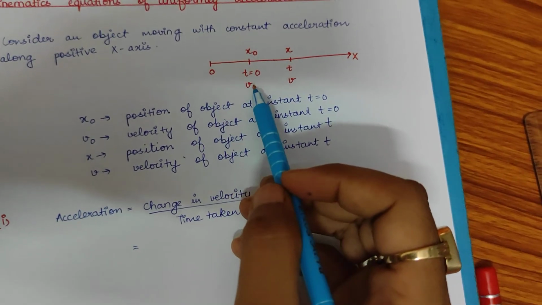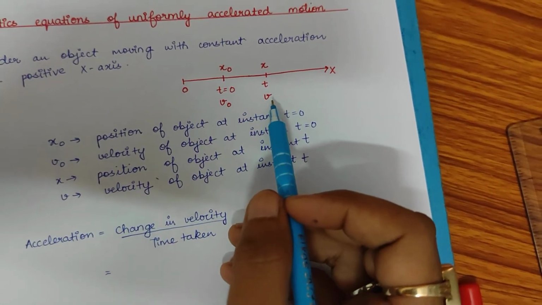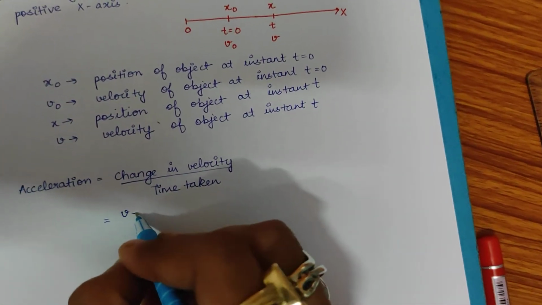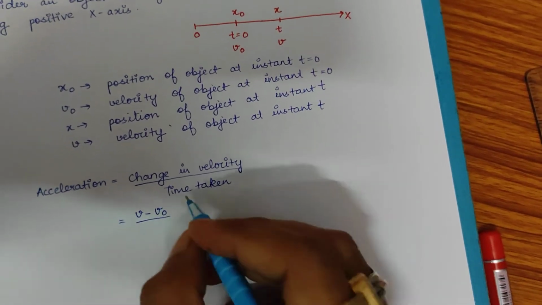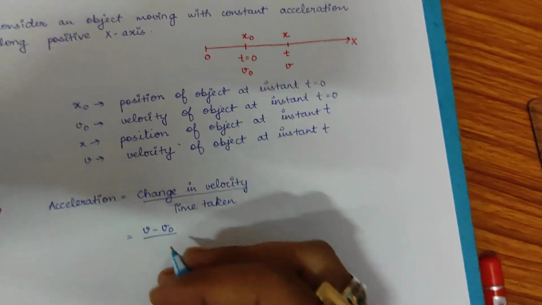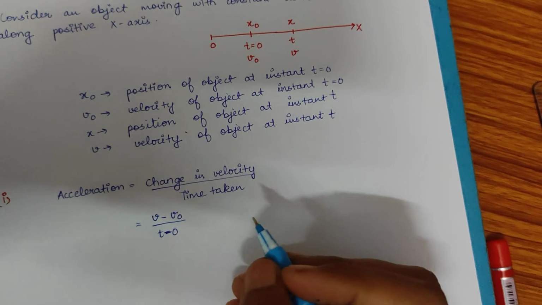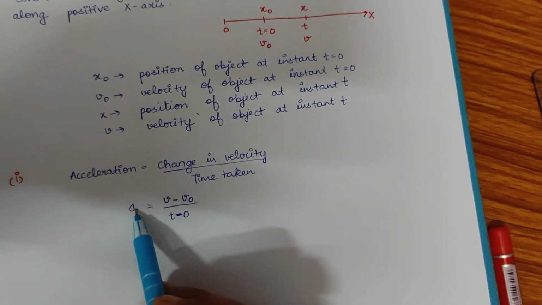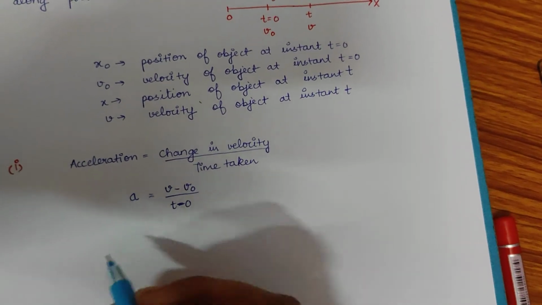At t equals 0 the velocity was v naught, and at time t the velocity is v. So change in velocity is v minus v naught, upon time taken t minus 0, and it is equal to the acceleration. So a equals v minus v naught upon t minus 0.